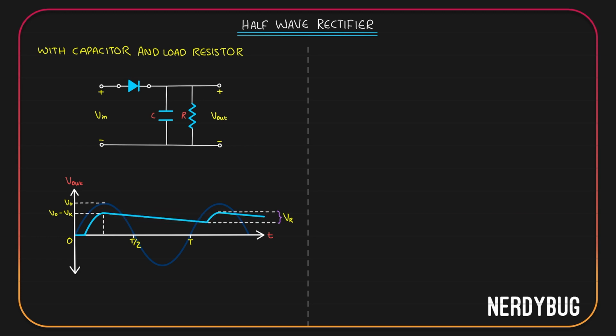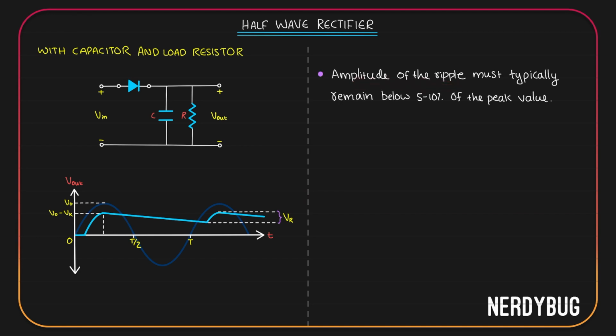We did the entire thing to convert an AC voltage to a DC voltage. So ideally, we needed the output to look like this. Obviously, it does not look like that. It has ripples in it. So we want the ripples to be as small as possible. That means we want the ripple voltage to be as small as possible.